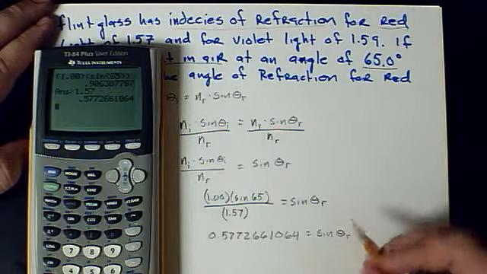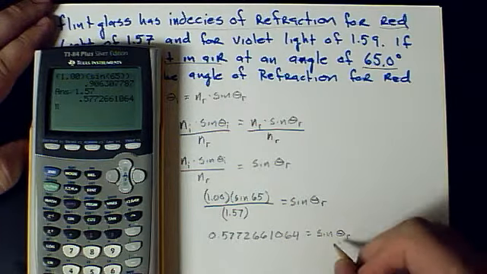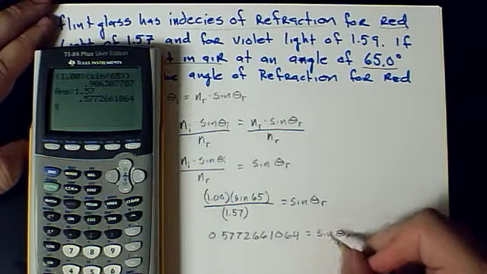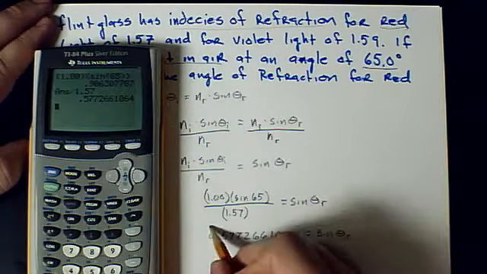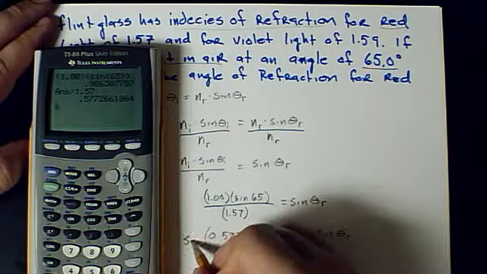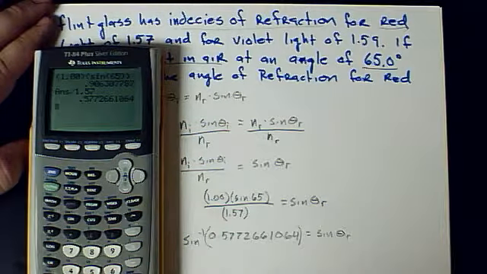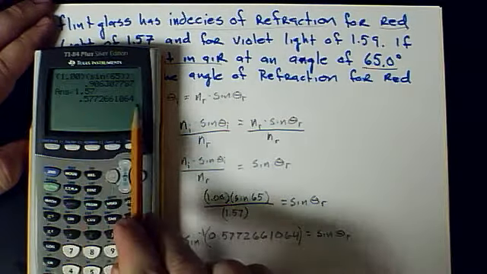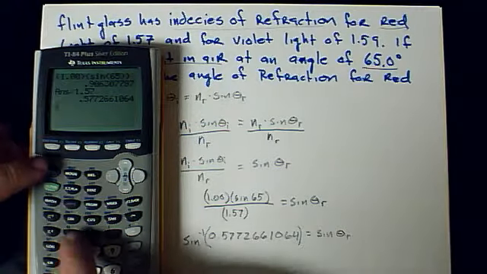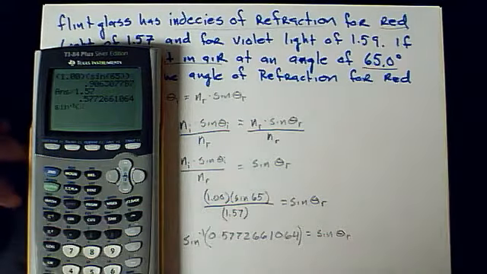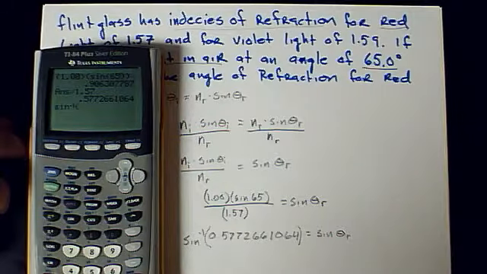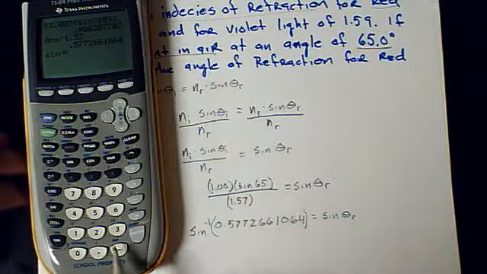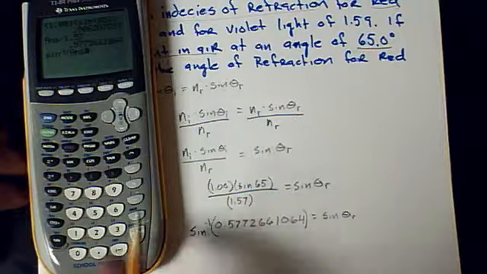Now I want to get rid of the sine, so I'm going to do the opposite of the sine, which is sine to the negative 1. So in my calculator I have this answer. I'm going to do second, sine, so it says sine to the minus 1, and then this button here for the answer.